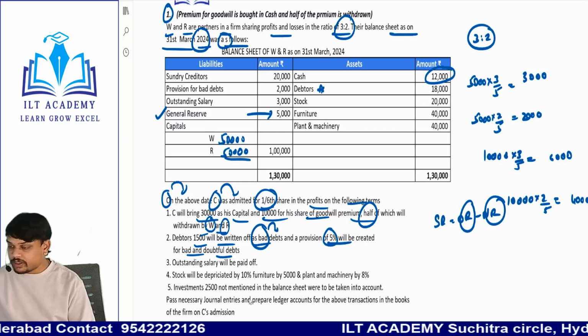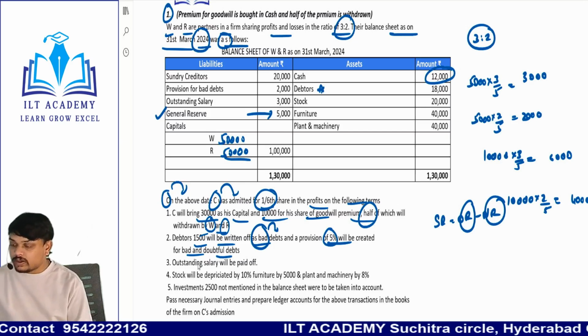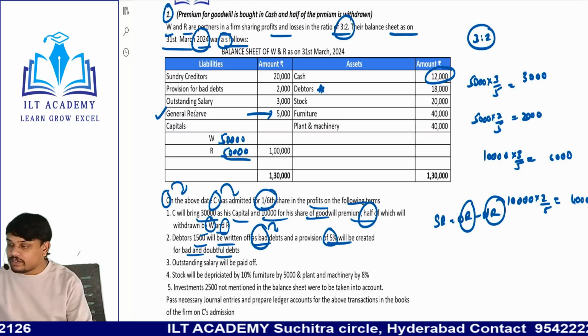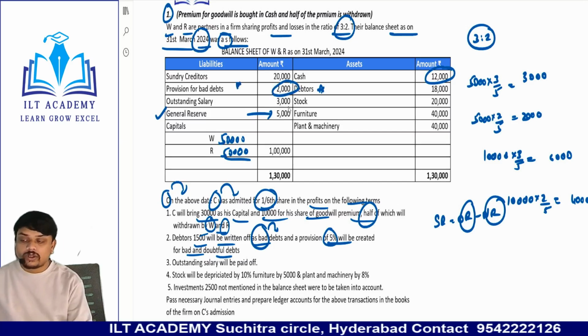Perfect. Now by this, a revaluation loss is going to be created, but there is already a provision of how much? 2,000.